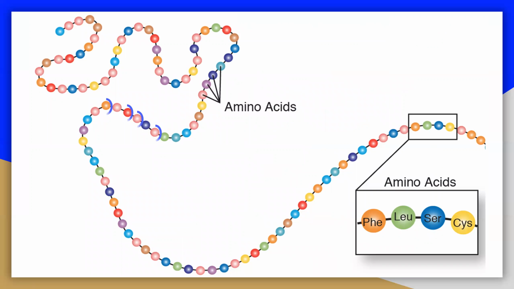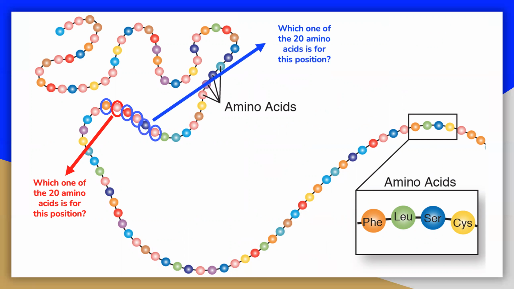Every time we add an amino acid to a growing protein chain, the question would be which one of the 20 amino acids to add. We cannot add an amino acid randomly. Instead, we follow a recipe or a code that guides us and lets us know which one of the 20 amino acids should be added to each position.